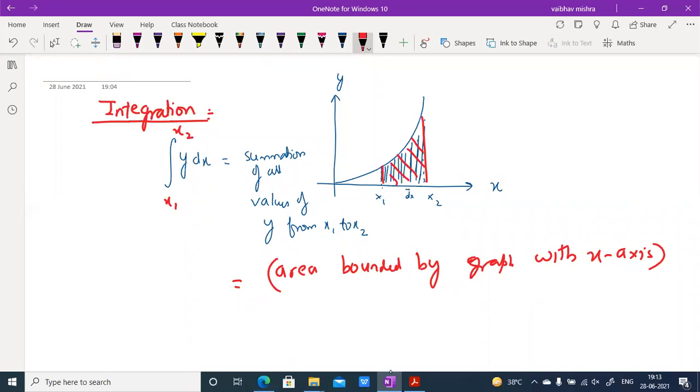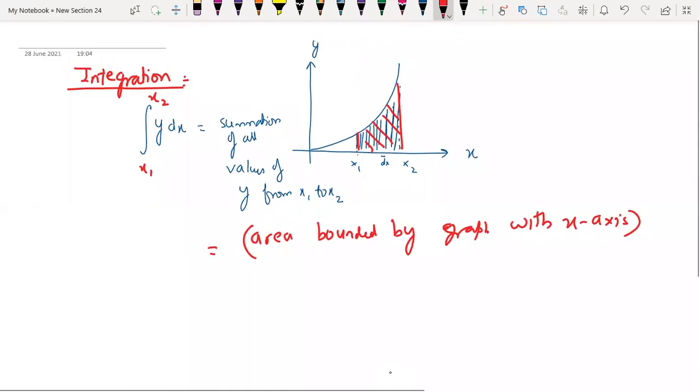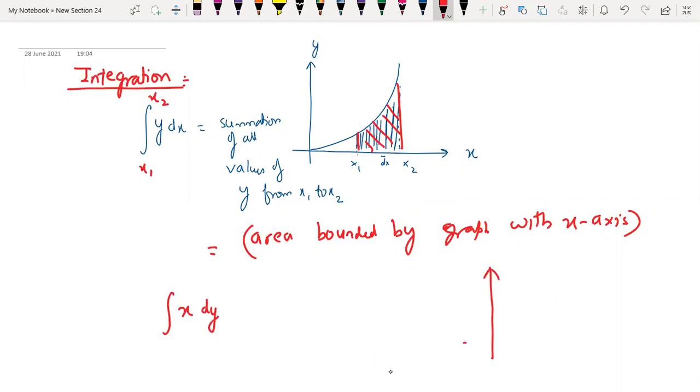If suppose we have to calculate the area bounded by the y-axis, this is the representation. If this integration is of x over the variable of y, then it represents the other area bounded by the graph with the y-axis.